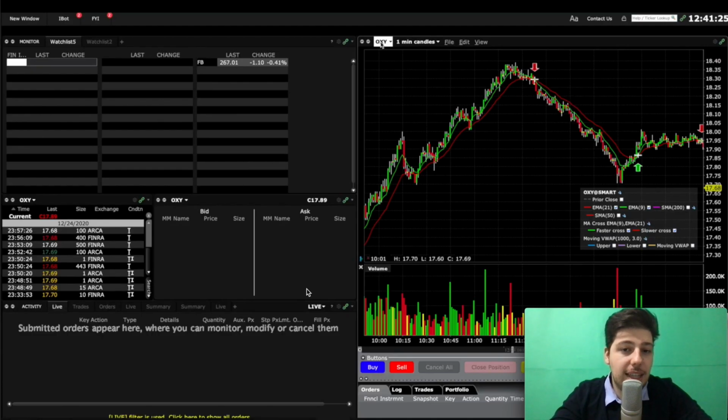So the last example of using the moving average is on OXY. OXY had a great run up and I was long in the beginning, and using the 9 EMA and 21 EMA I got all this move, which made pretty good profit, but in the end no stock will go in a straight line upward.